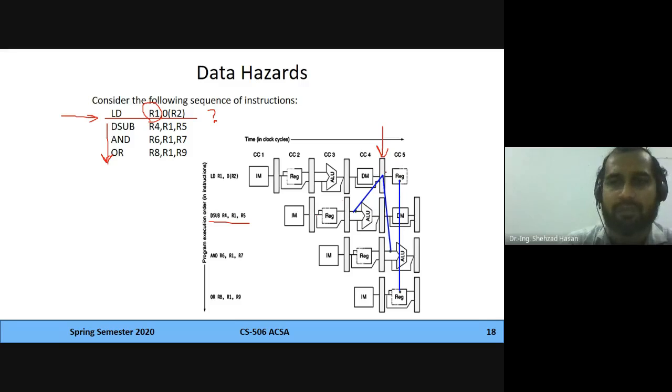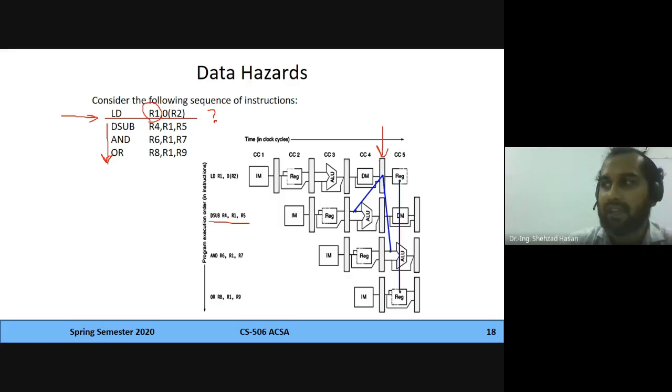So that's not possible. So then we try to stretch it from both ends. We try to see how early as possible can we get this value and how late as possible do we need it. If you talk about load, the earliest possible that you can get this value is at the end of the 4th cycle. And where do we need this? The latest possible here is the beginning of the 4th cycle, because we need that in the ALU stage.